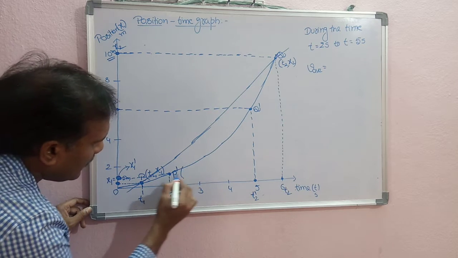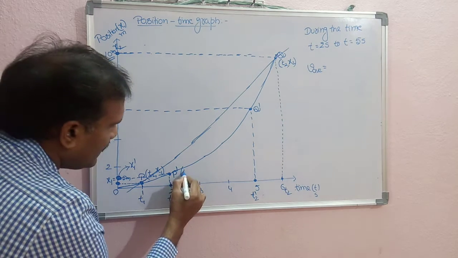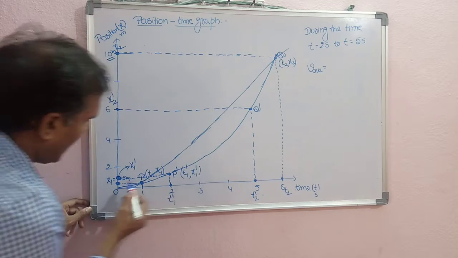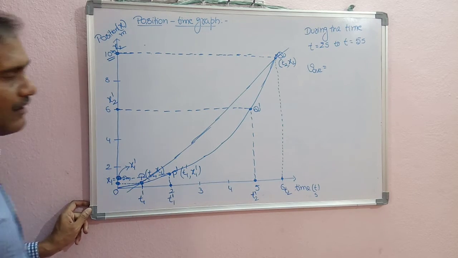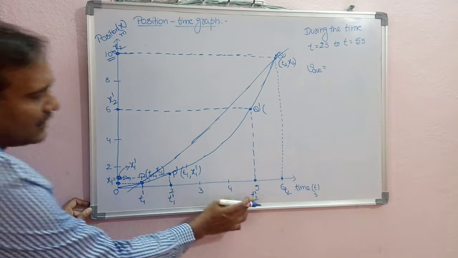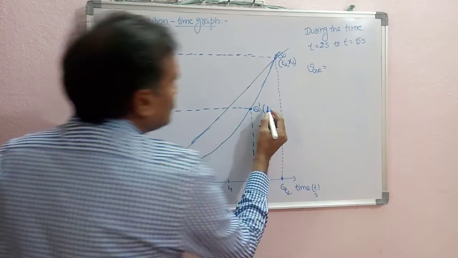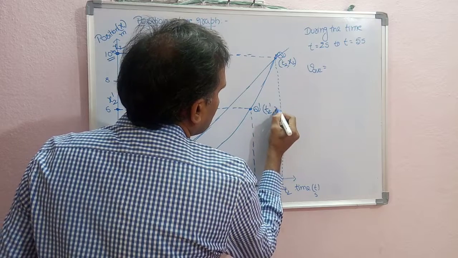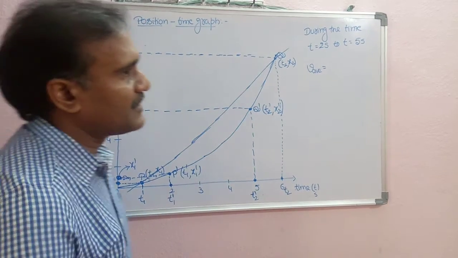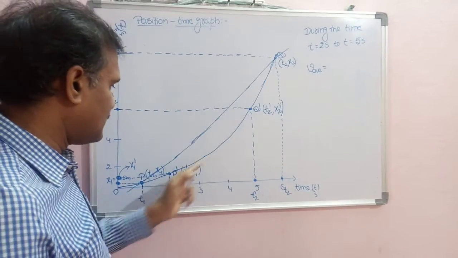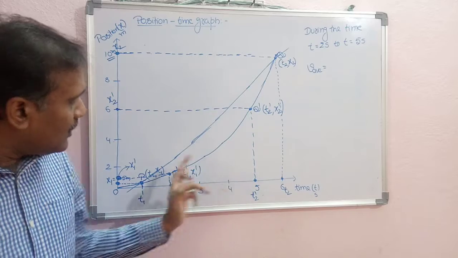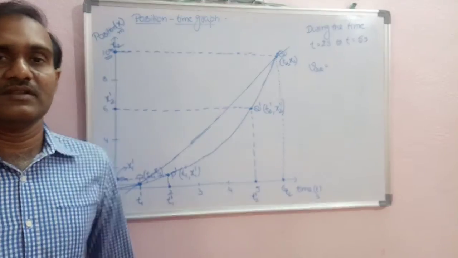Therefore, what are the coordinates of P dash? t1 dash comma x1 dash. What are the coordinates of Q dash? t2 dash comma x2 dash. Now you tell me, what is the average velocity or average speed when the graph is given in this manner? It is the slope of the line P dash Q dash.